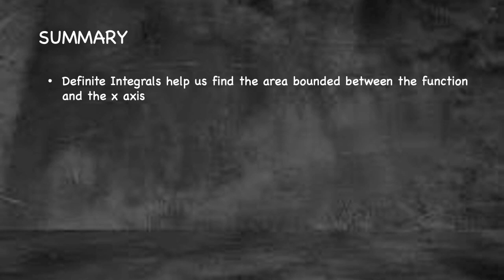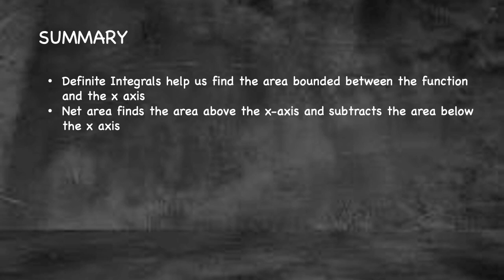All right, now let's sum up our lesson. The first big point that I want you to remember is that definite integrals help us find the area bounded between the function and the x-axis. The net area is when you find the area above the x-axis and subtract the area that's below the x-axis.